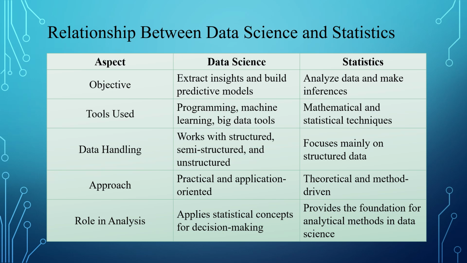Then the tools: in data science we have a huge number of programming languages, machine learning, deep learning, AI and so on. We have big data tools, etc. In statistics, we only focus on mathematical and statistical techniques.